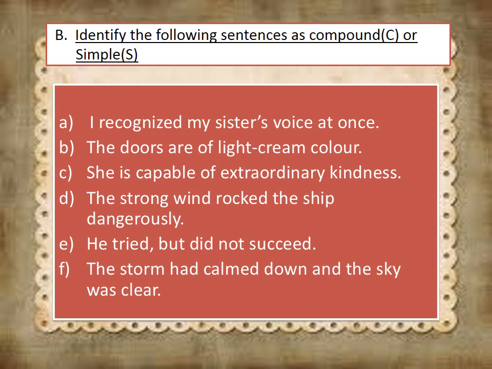He tried, we get the complete thought that it wants to express. He did not succeed, it is also a complete thought. So both are independent clauses, and these two independent clauses are combined with the help of a coordinating conjunction, but. And in this way you will complete the exercise.